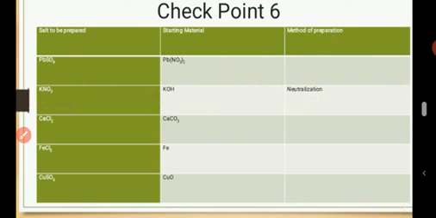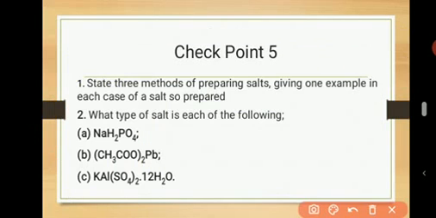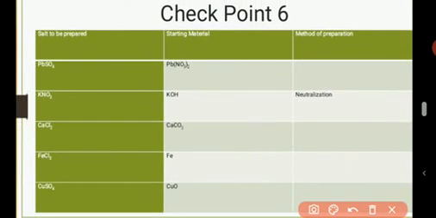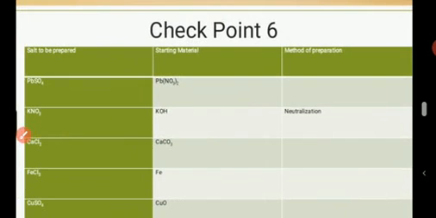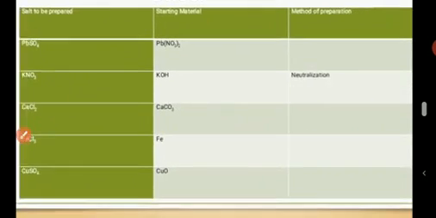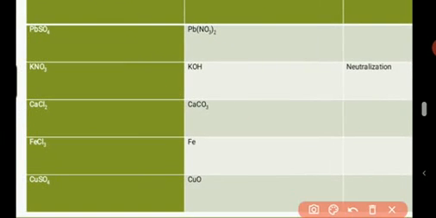Now let me see your idea about this number 3. Number 3 is calcium chloride. What do you think about calcium chloride? What method will you use to prepare it?